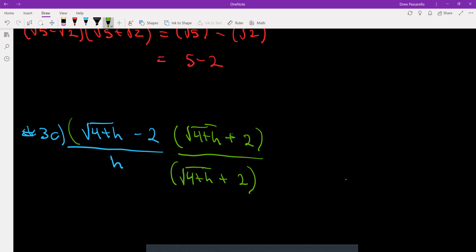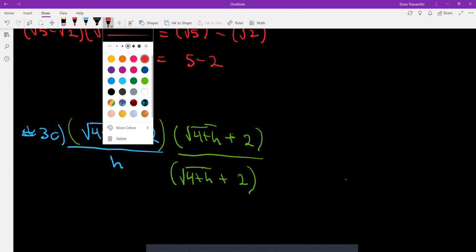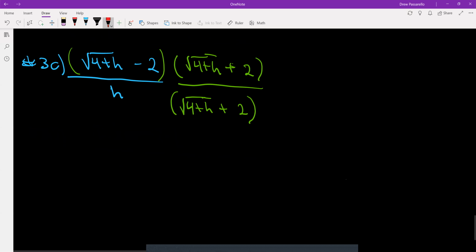All right, I'm multiplying this out, and we know it turns into basically a squared minus b squared. So I'll do this sort of off to the side. So we know when we do a minus b times a plus b, that turns into a squared minus b squared.